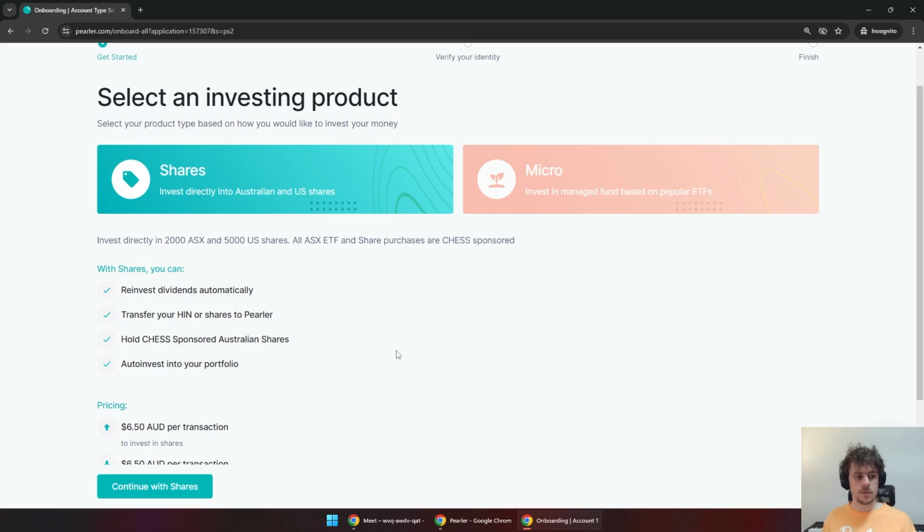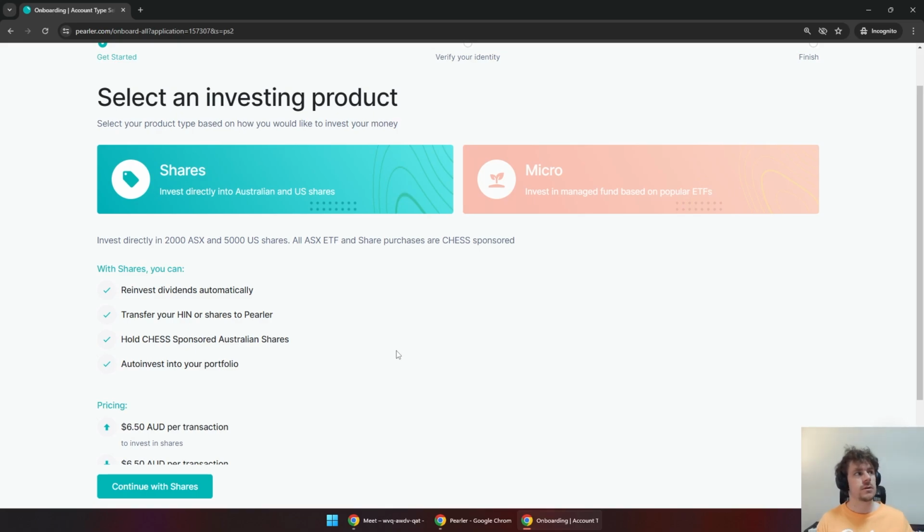I think as well, probably the one other thing to note is that, and we'll unpack this in a sec, because of how the Shares accounts work, if you invest in Shares on Perla, you can easily pick up your shares and transfer them to another platform if you open an account in the same name, without incurring any weird tax implications.